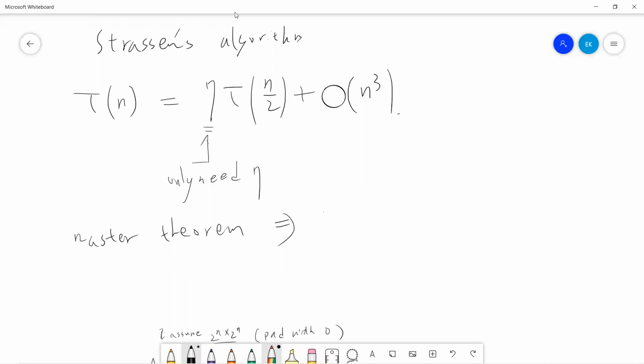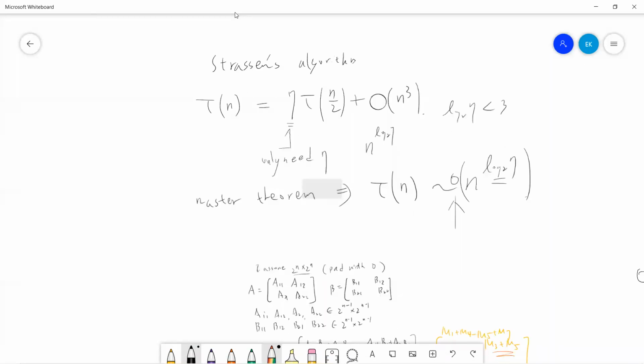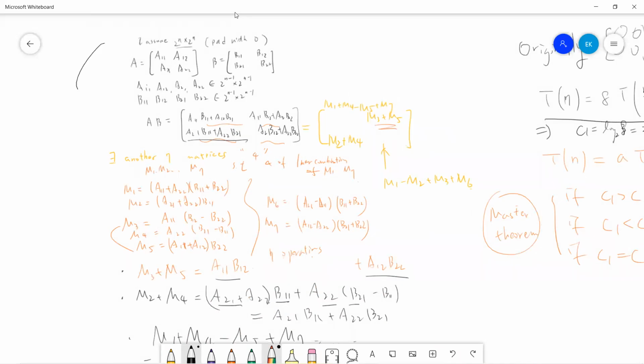It tells me that T of n is n to the log base 2 of 7, because n to the log 2 of 7 is less than 3. So T of n is big O of n to the log base 2 of 7. This is Strassen's algorithm, which is very easy to describe, and compared to the original matrix product, you only need less than O of n cubed.